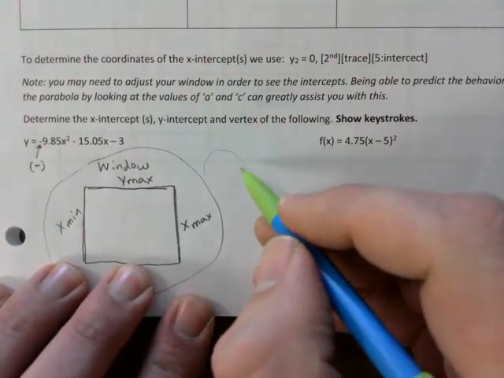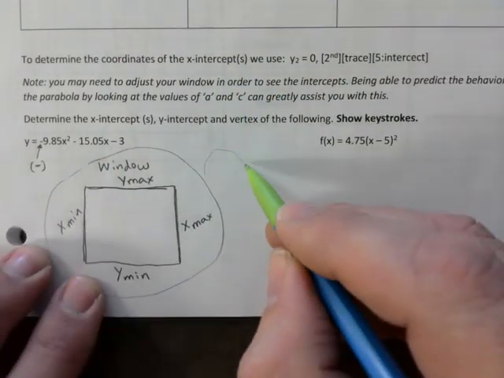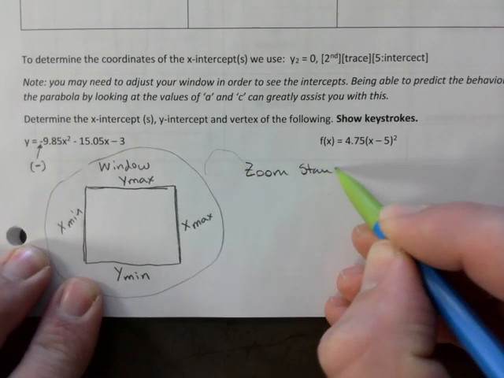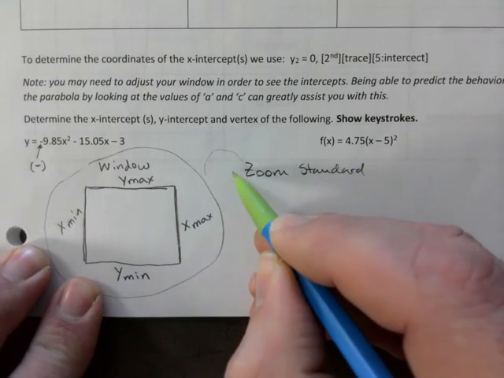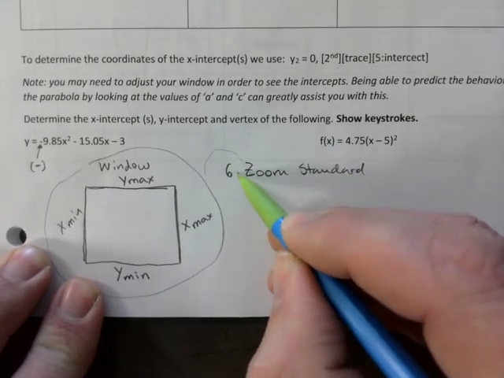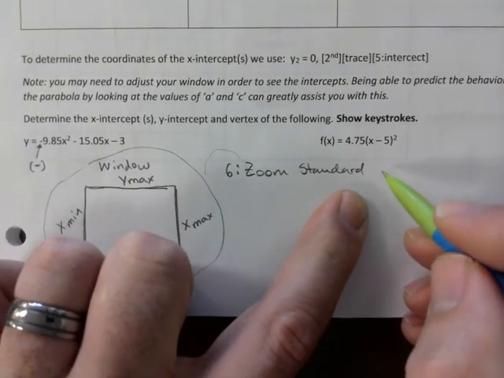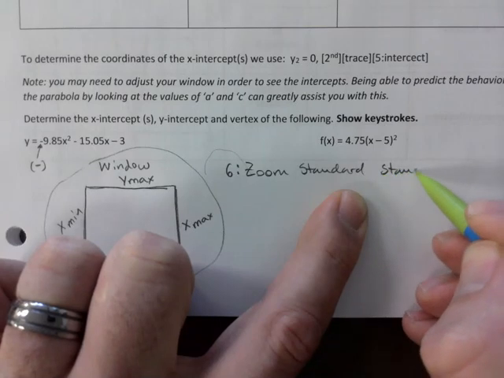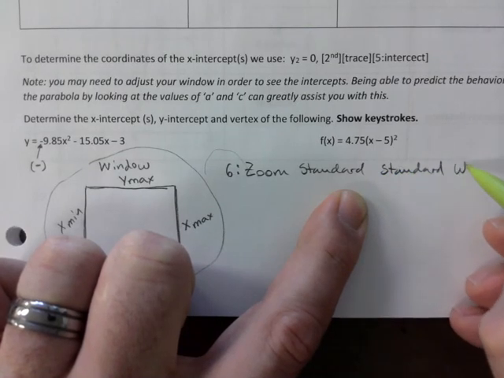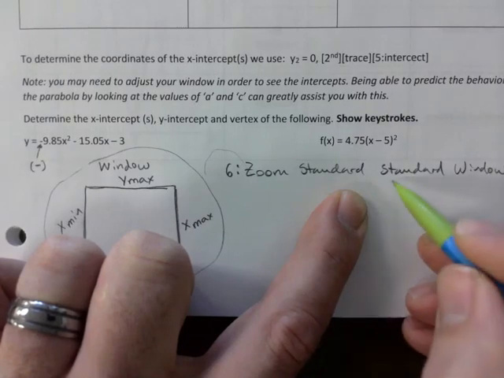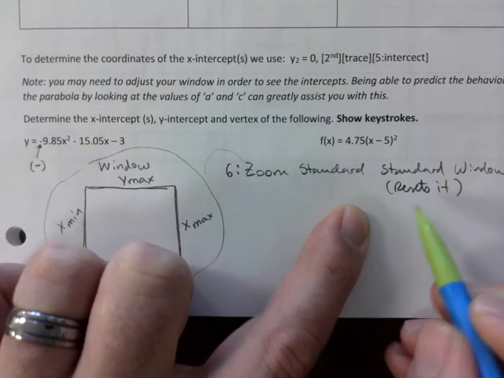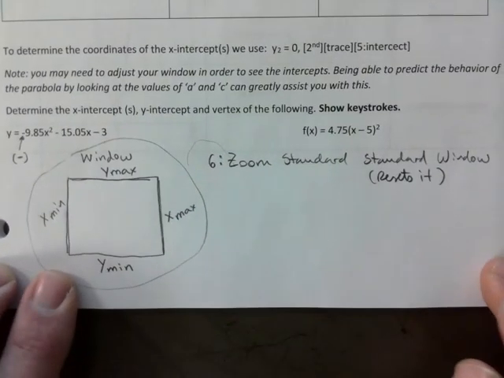I'm going to write down the zooms here for you. Zoom standard. That is actually option 6. Right? That's option 6. Standard window. It resets it, okay?